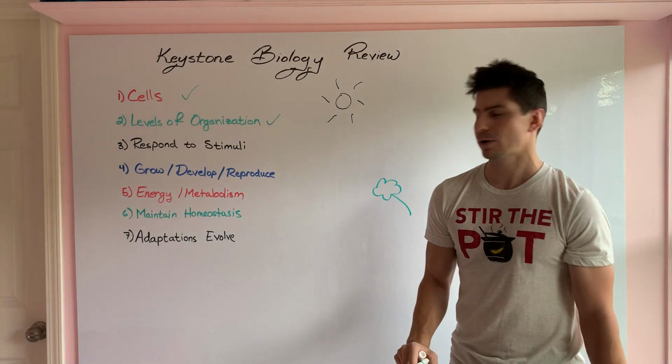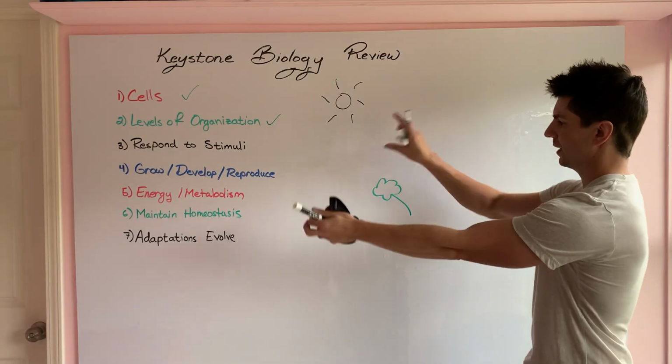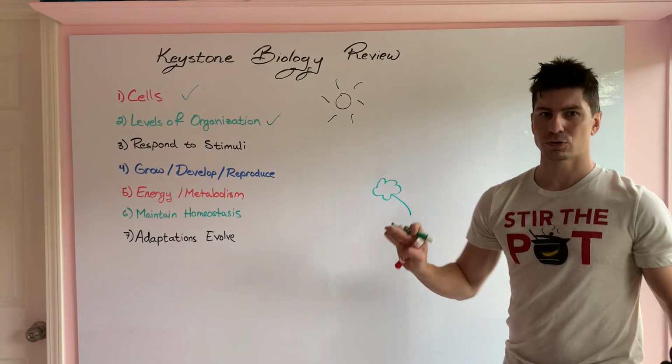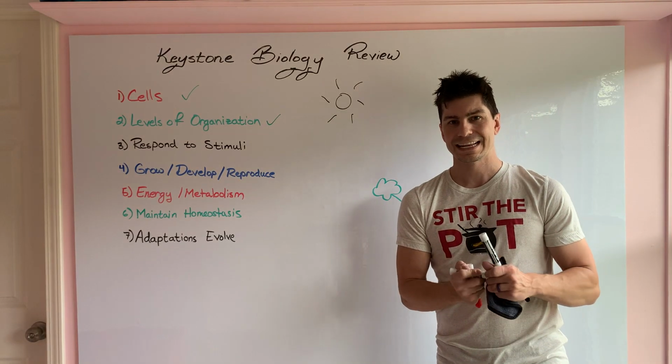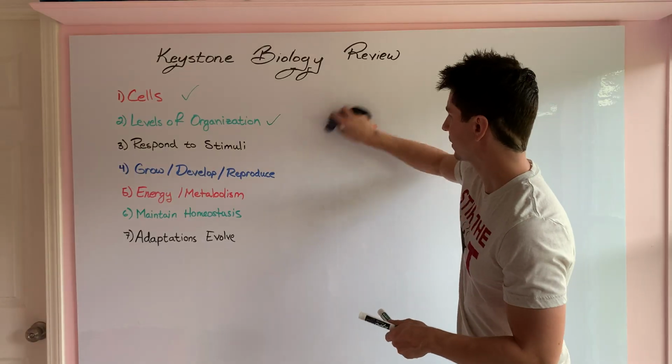My goodness, I am no artist by no means. But as the sun moves, if it's moving from east to west, the plant will actually move with the sun. The petals will go toward the sun so that it can gain that sunlight, okay? So that's how plants can respond to stimuli.